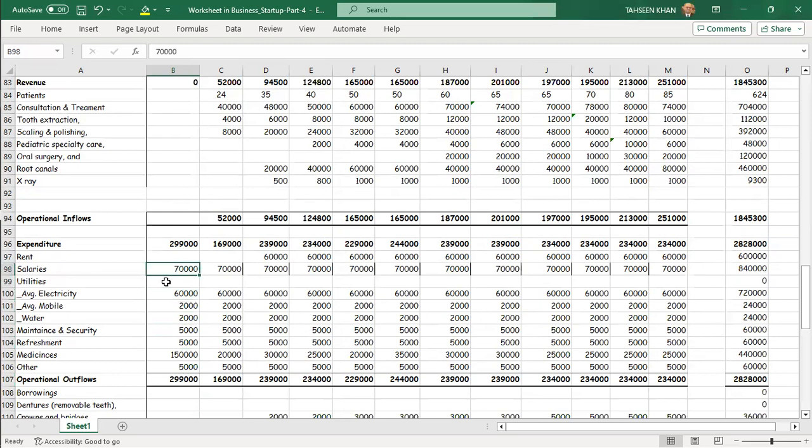It includes salaries, electricity bill, mobile charges, water charges, maintenance, refreshment, medicine, and other expenditures. Here we have already paid the rent for the first 2 months. That's why the rent amount is not appearing for the first 2 months, because we have paid 2 months rent in advance.